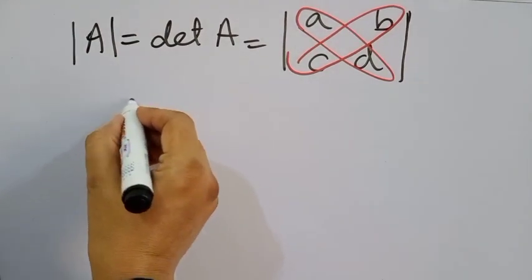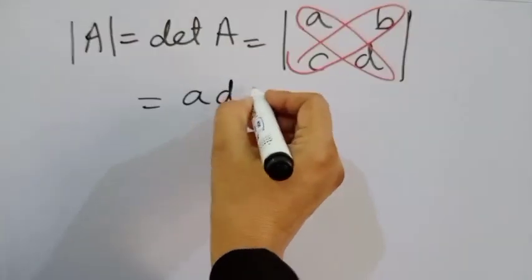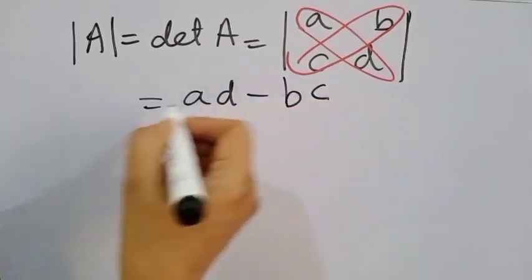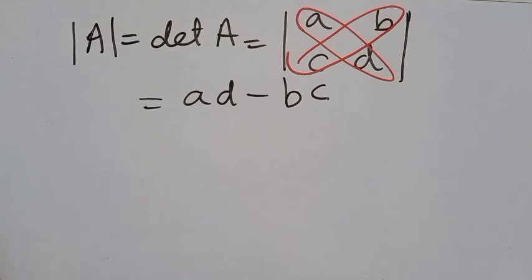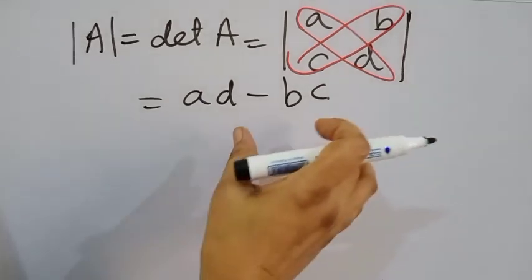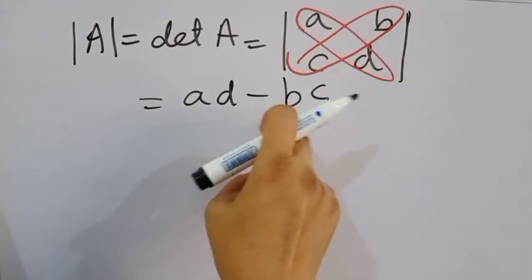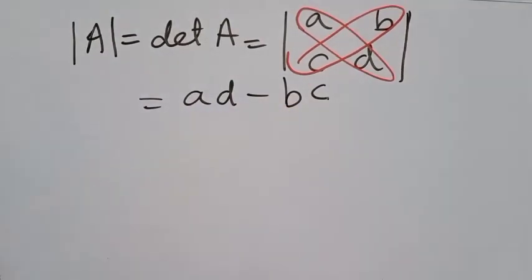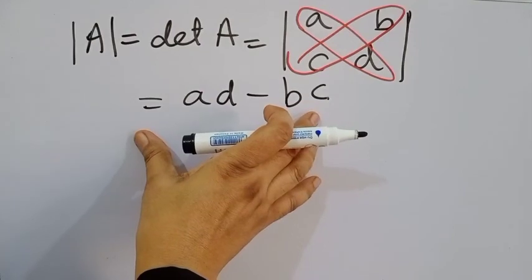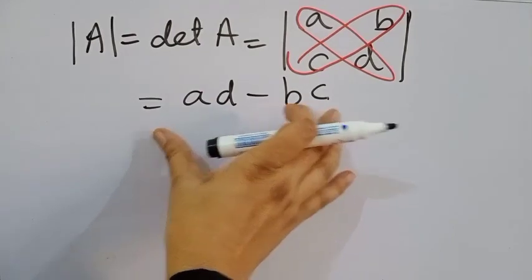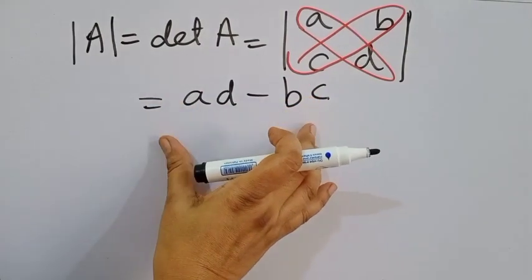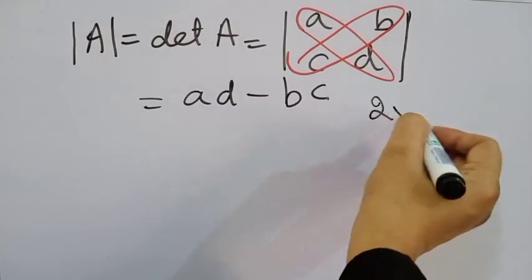This is equal to ad minus bc, a times d minus b times c. This is the formula for finding the determinant of a 2 cross 2 matrix.